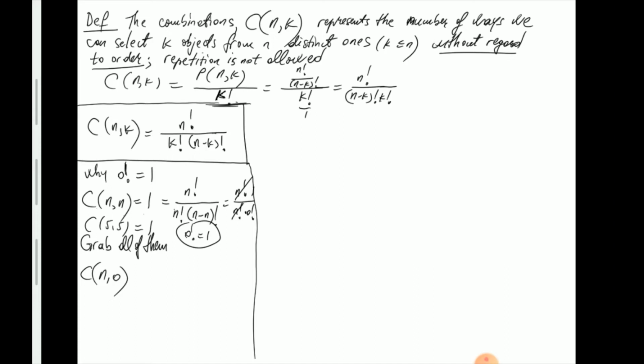So again, obviously this should be equal to 1. And by the same token, it's convenient if we make it so that it still fits the formula on the top. When k is 0, we have 0 factorial times (n minus 0) factorial. n factorial cancels with n factorial. Hence, again, it's convenient to make 0 factorial to be 1.